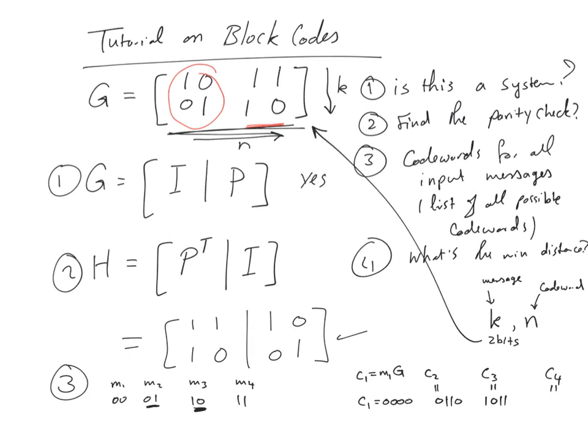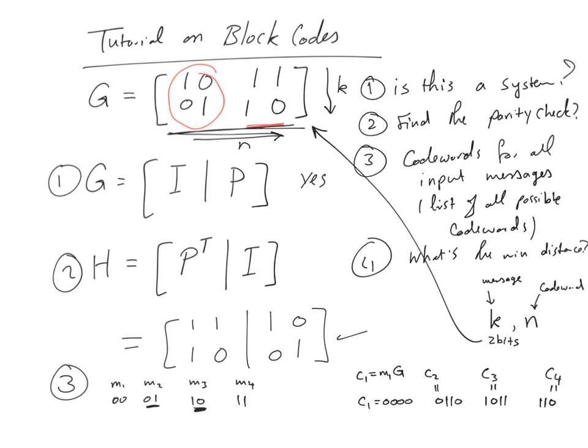The last one is going to be 1, 1 multiplied by this. 1, 1 multiplied by 1, 0 is going to give you 1 plus 0, which is 1. 1, 1 multiplied by 0, 1 is going to give you also 1. 1, 1 multiplied by 1, 1 is going to give you 1 plus 1. 1 plus 1 in XORing or in binary addition is going to give you 0.